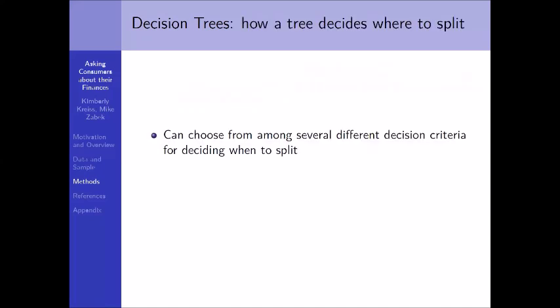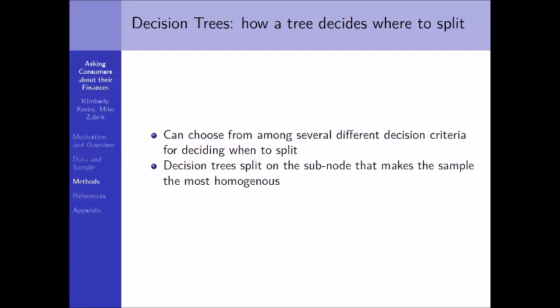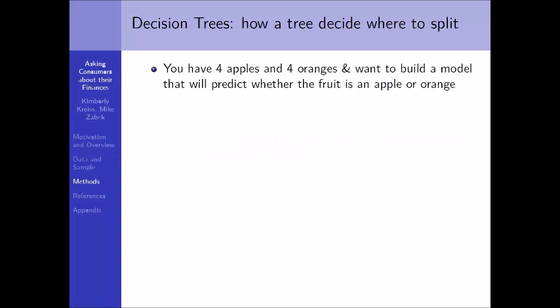Now I'm going to talk a little bit about how a tree decides where to split, because that's where the information for the feature importance comes from. You can choose from among several different decision criteria for deciding what to split. Decision trees will split on the subnode that makes the sample the most homogeneous. We use Gini impurity, and here's what that looks like.